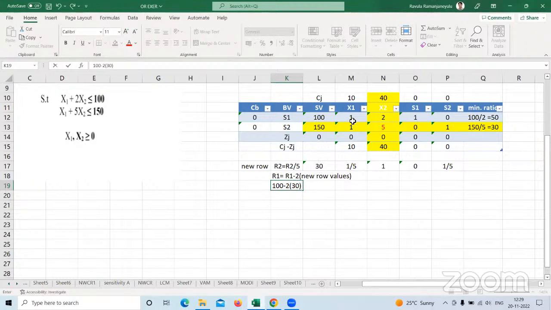Similarly, the x1 coefficient: 1 minus 2 into 1 by 5. Similarly, the x2 coefficient: 2 minus 2 into the new value is 1.